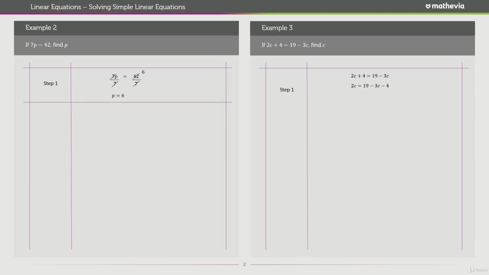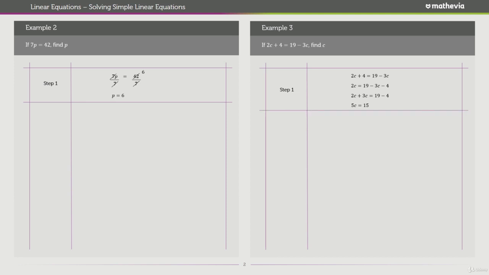Now we have minus 3c on the right. We're actually going to move that to the left. Remember, we want all instances of our variable on the left. So minus 3c moving over to the left becomes plus 3c. So what I have is 2c plus 3c equals 19 minus 4. And then when I solve that out, I have 5c equals 15.